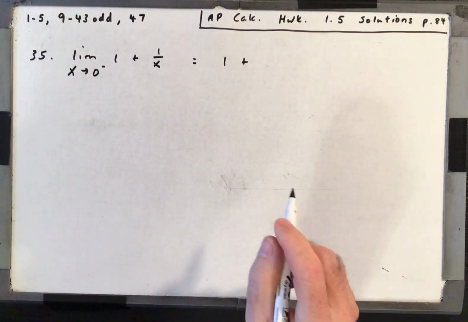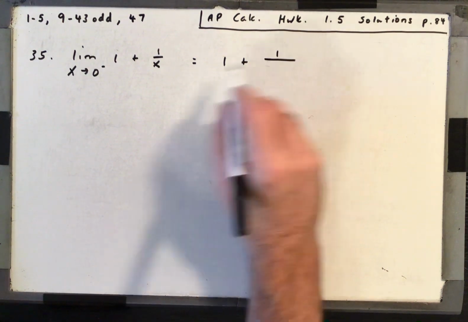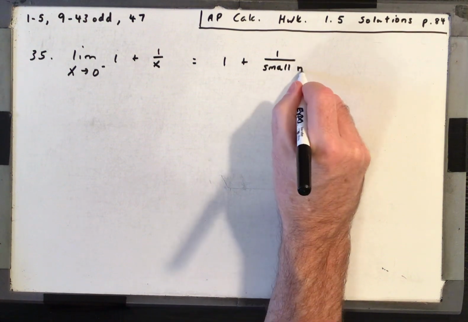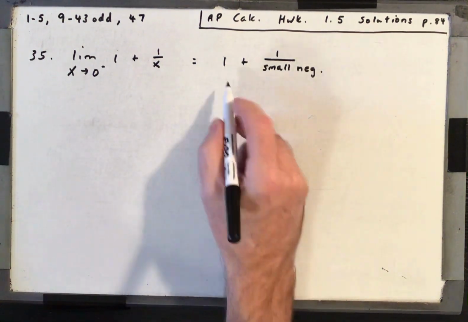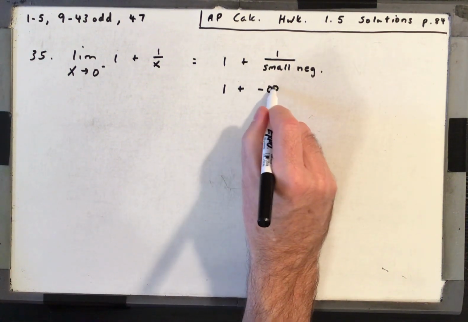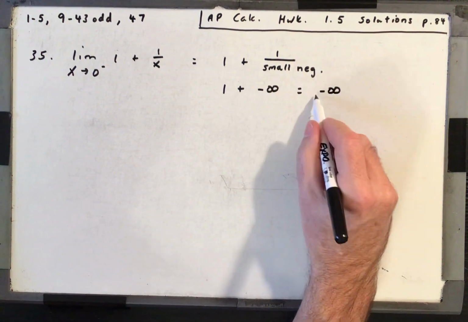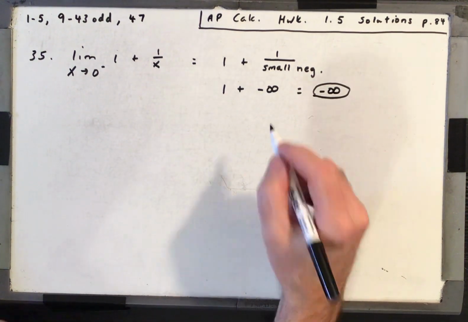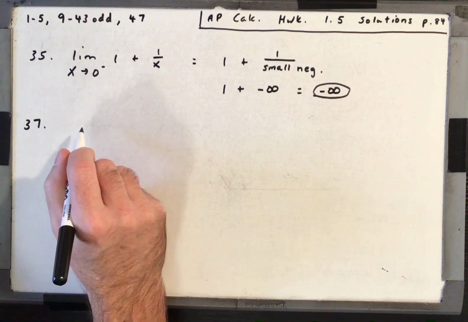My book is really hard to read. 1 plus 1 over, so from the left would be a small negative, right? Coming from the left. So that's 1 plus negative infinity. And the 1 doesn't matter. That's just going to be negative infinity. All right. That does not exist, but that's some additional information about this limit.